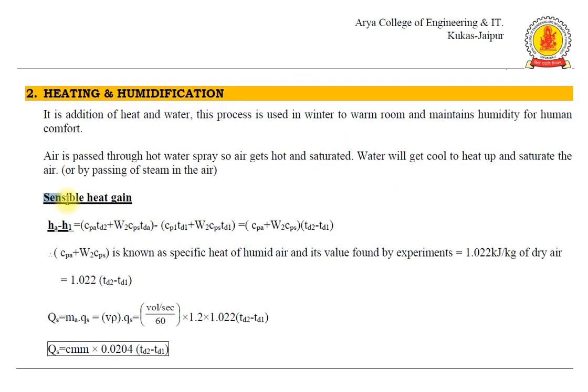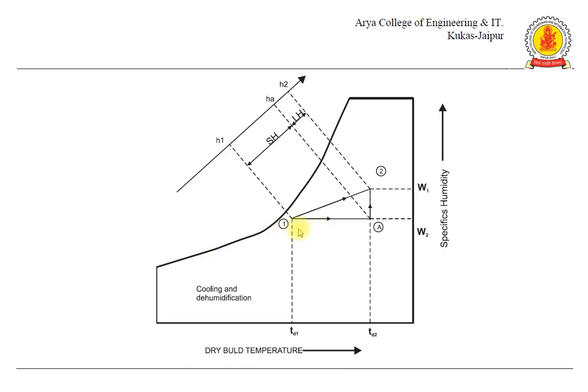So sensible heat gain, what will be sensible heat gain? That will be HA minus H1. We can see here HA minus H1. Now look at this, at point A we will have TD2. Its dry bulb temperature will not rise when air goes from A to 2, as it will absorb heat and get evaporated.